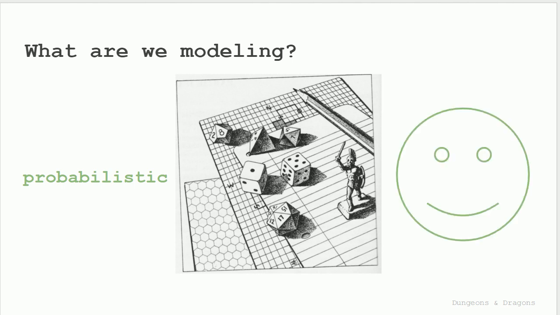This is exactly what we're modeling, and a real life example of these phenomena that we all know of is dice. You can be throwing a die in what you believe to be the same way every time, and you may not get the same face every time. It could be a 1, it could be a 5, it could be a 6, whatever. So we are modeling probabilistic phenomena, okay? Probabilistic phenomena have some aspect of randomness to them.